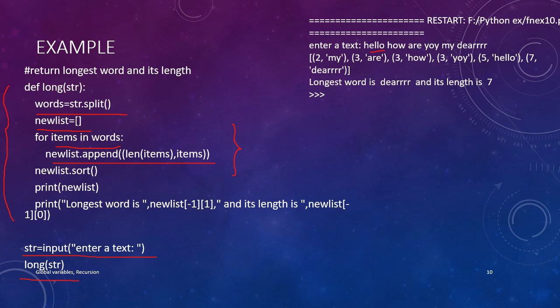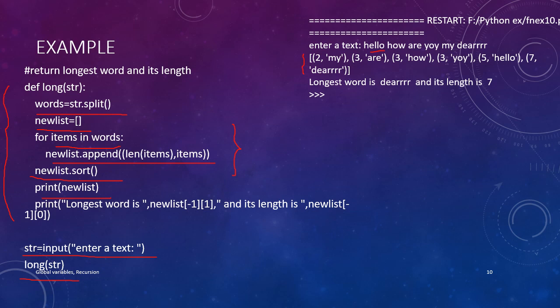Then 3 comma how, then 3 comma are, then 3 comma you, 2 comma my, then 7 comma dearrrr will be appended to the list. Then we ask the system to sort. After sorting, we print the new list and get this output.